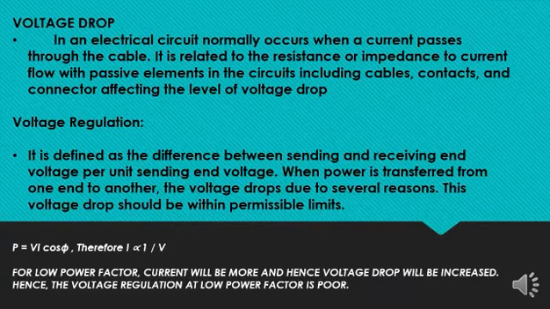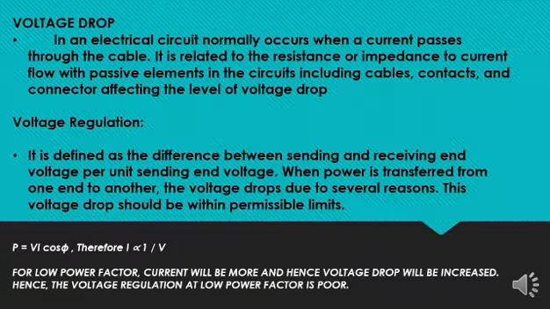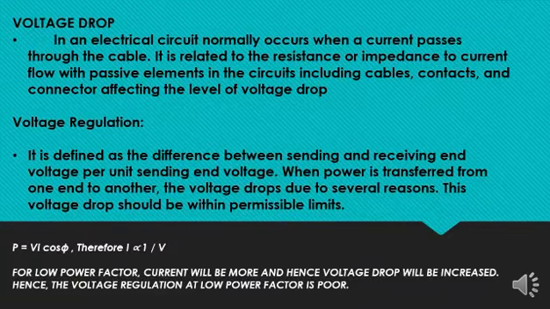As you can see here, in the previous illustrations, P is equal to VI cos theta, so therefore I is proportional to 1 over V. In short, for low power factor, current will be more and hence the voltage drop will be increased. Hence, the voltage regulation at low power factor is poor.